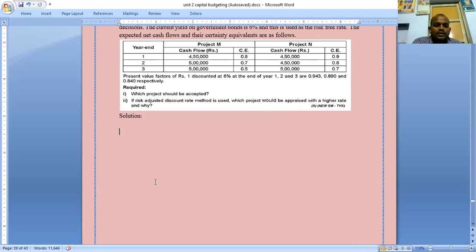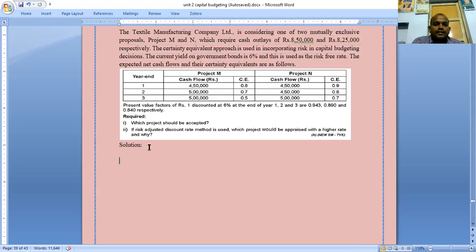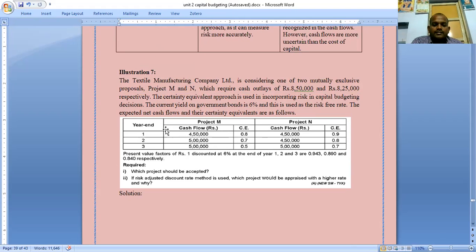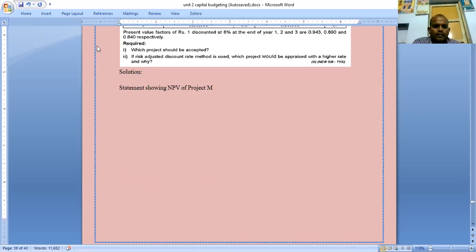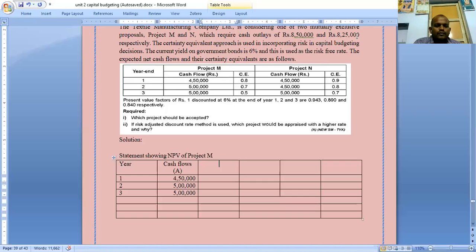So let us calculate the cash equivalent net present value. Statement showing the net present value of M. So I am considering the data from the above illustration.